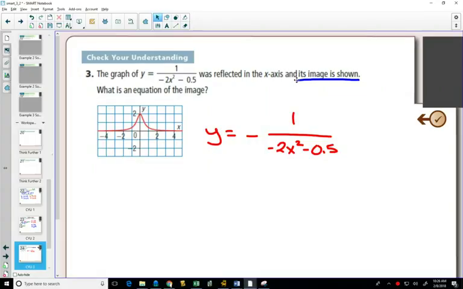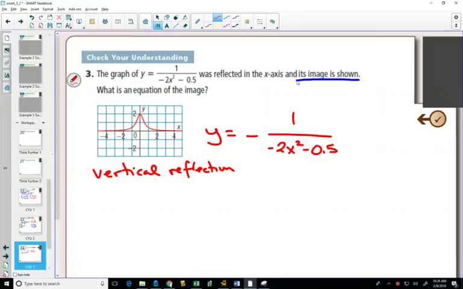If we think about this in function notation, a vertical reflection in function notation looks like this, right? How do these two relate? Well, when I look at this, it's just negative my original function.